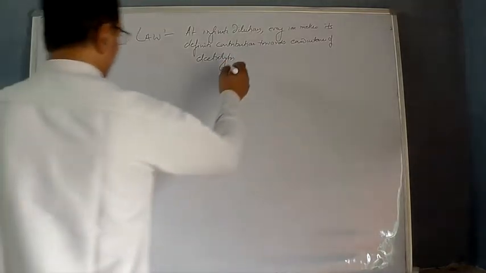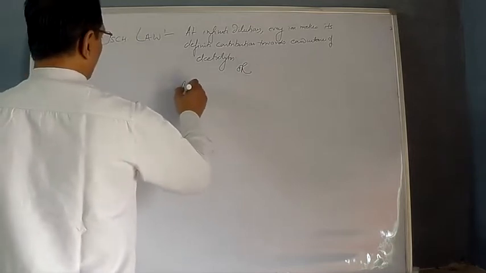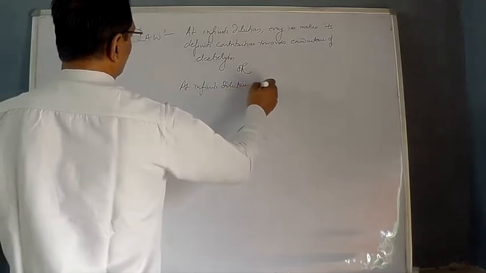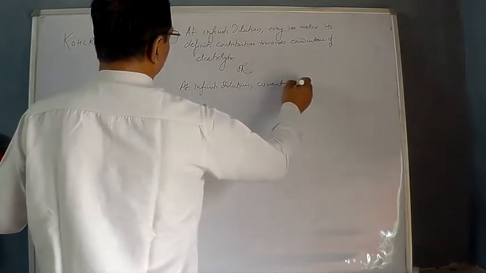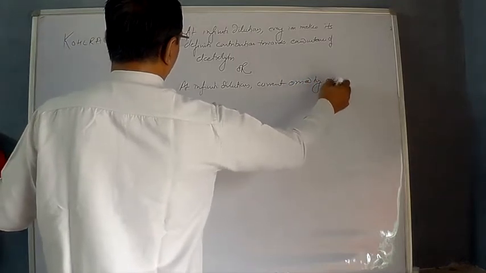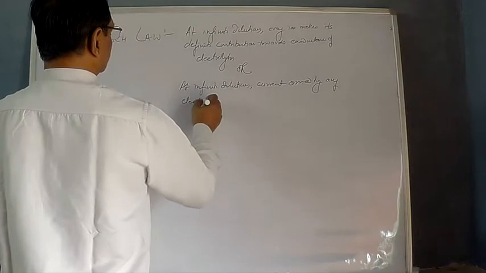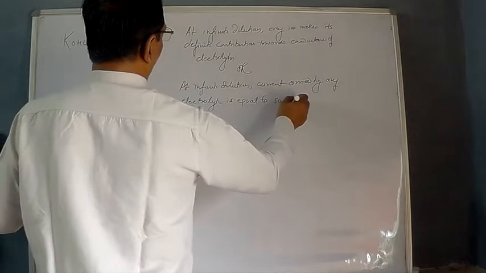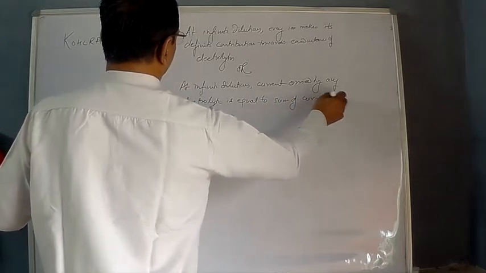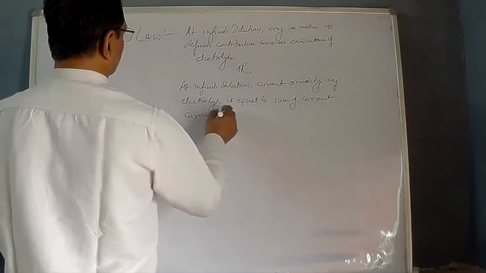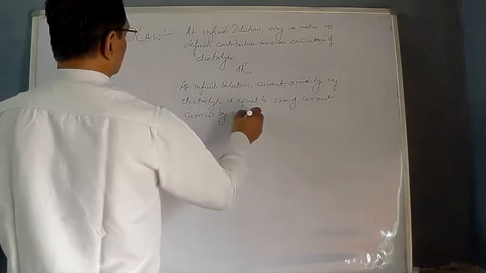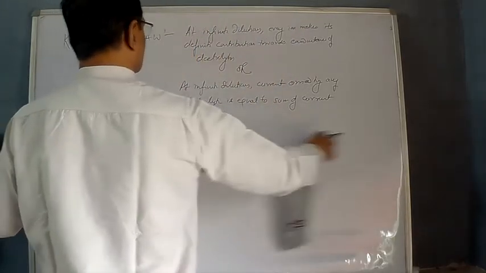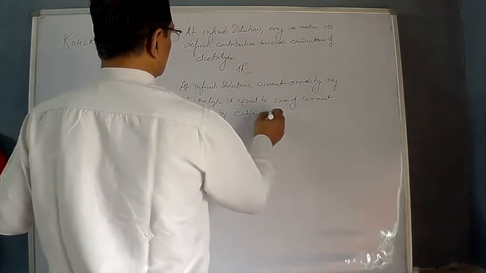Or, in simple terms, you can say that at infinite dilution, the current carried by any electrolyte is equal to the sum of the current carried by cations as well as anions.